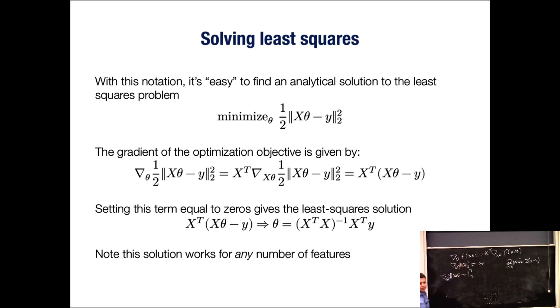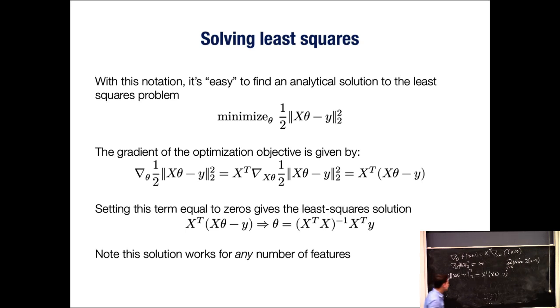By these rules, and I've been a bit hand-wavy here because I'm just going to apply them and not worry about deriving them. Again, if you want to derive them, you just derive them term by term and show that it's true for every term in the gradient, and therefore it's true for the whole gradient. This is going to be equal to x transpose times the gradient of this guy, which is just the second rule, x theta minus y. That's our gradient.